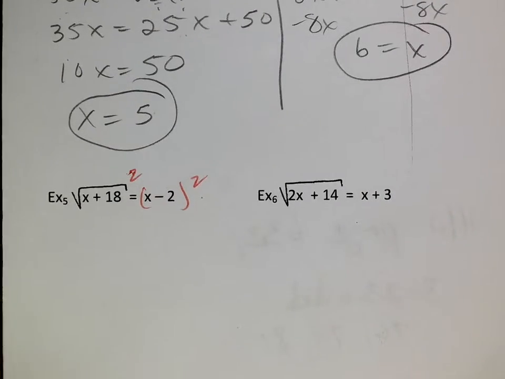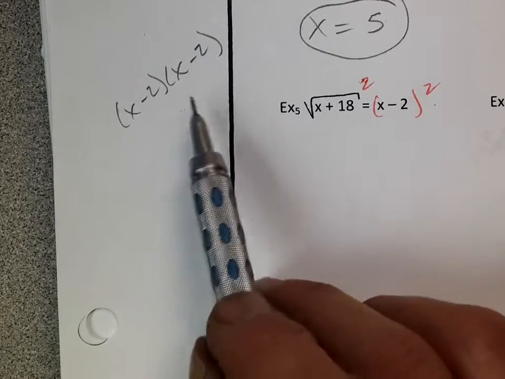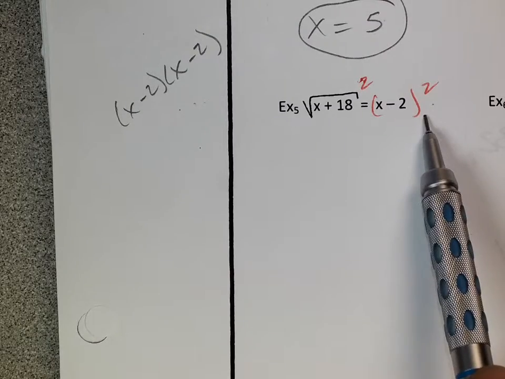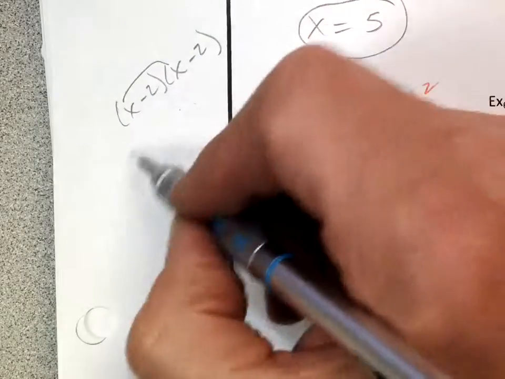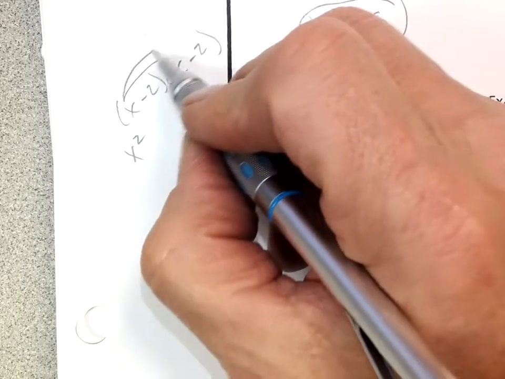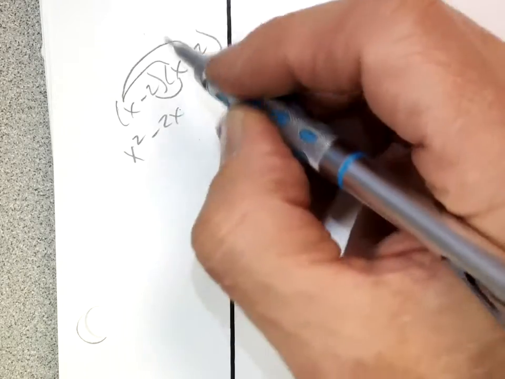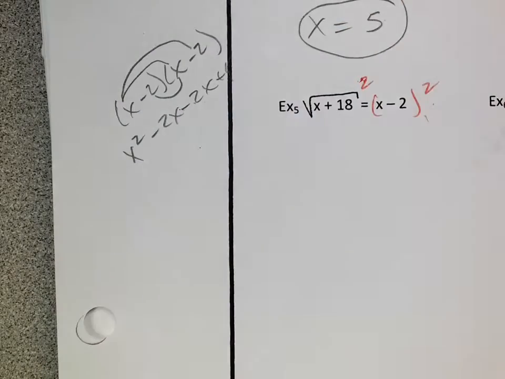So x minus 2 quantity squared is the same thing as x minus 2 times x minus 2. I'll go slowly. So x minus 2 quantity squared is going to be x squared minus 2x minus another 2x plus 4, okay?